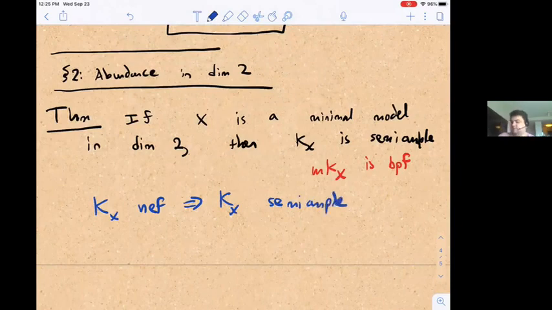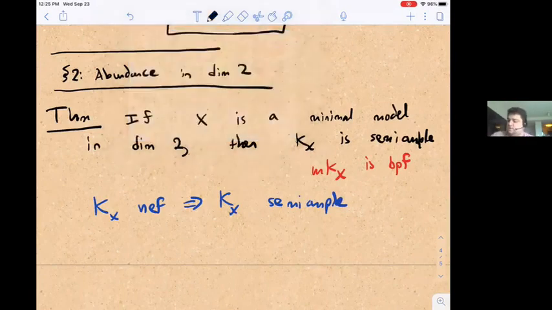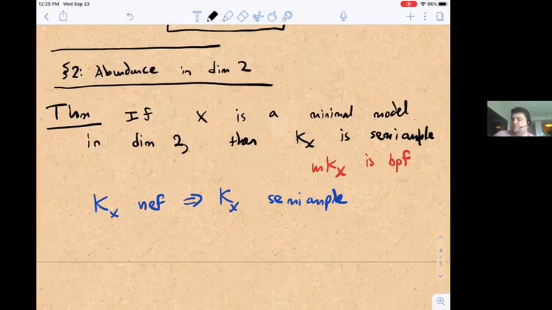And in higher dimensions, this is a very big conjecture, probably the most important open problem in the field. Okay, and we'll see in the proof why it's so hard to generalize this to higher dimensions, because the proof is basically case-by-case work. Once we have non-vanishing, we know there exists some section, and then we do case-by-case work to check that for every numerical possibility, Kx is really semi-ample.